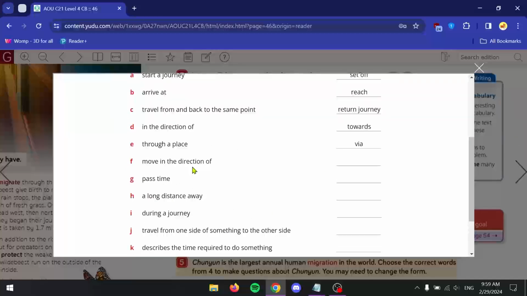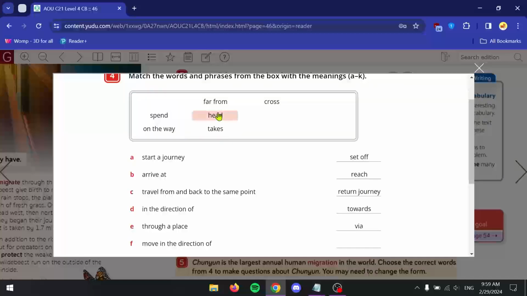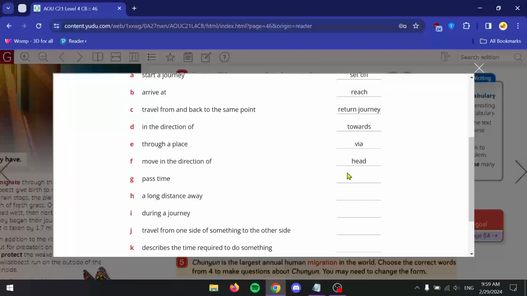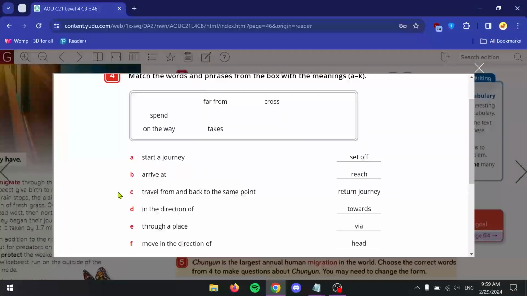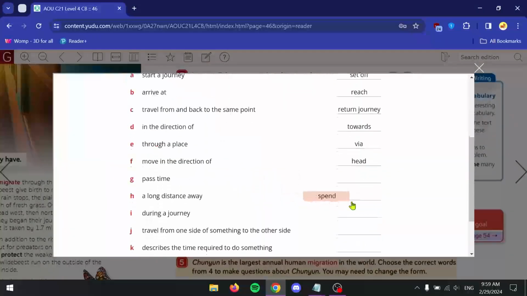F, move in the direction of, that would be the word head. Here it is. So, if someone says, where are you headed? Then that's what that means. What direction are you taking? Past time. Past time would be spend. Remember, spend here does not mean spending money, but rather spending free time, or passing time, rather.